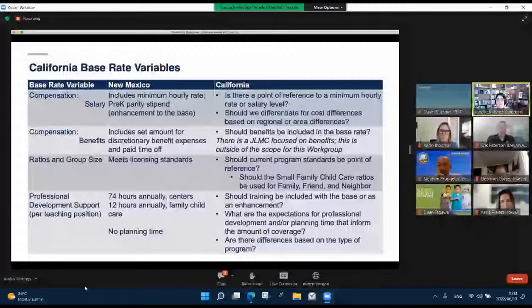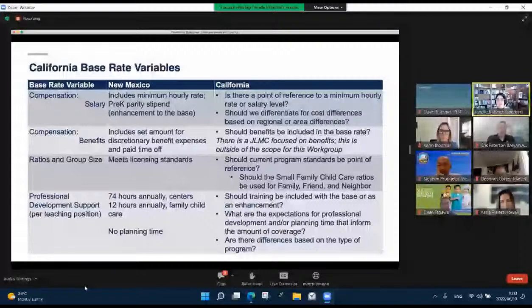But I do think supporting professional development, because we know people have to do it, they're doing it, is a really important part of people's jobs, and so accounting for that.